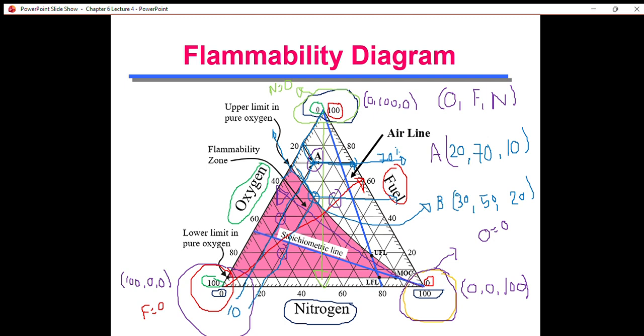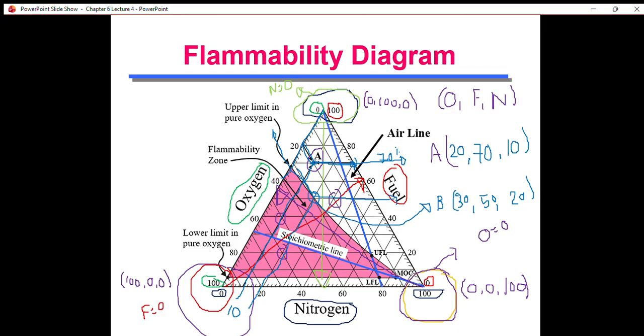Now we learn how to read any point on the triangle. Now let's learn how to read any point on the element itself.